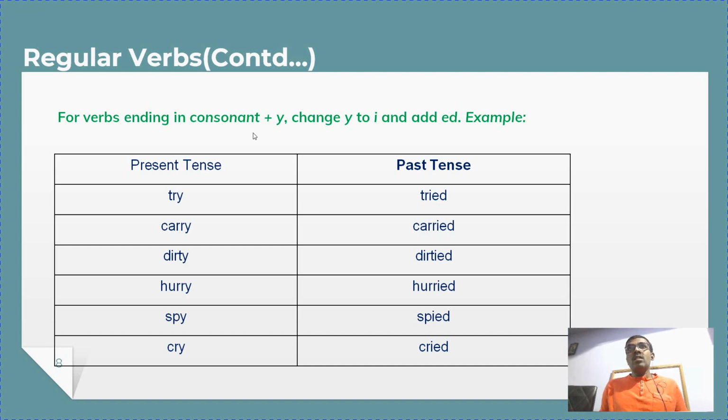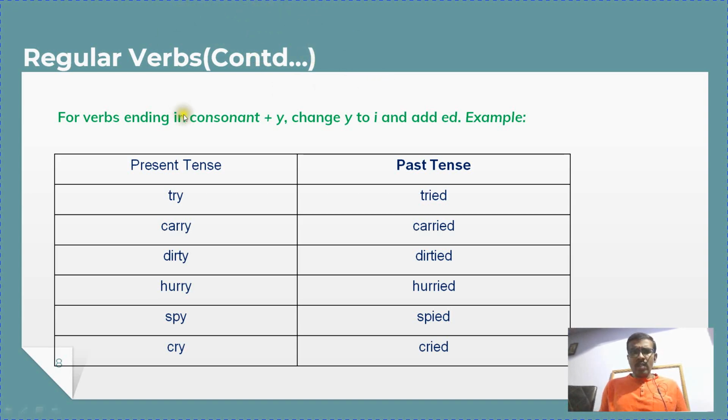As you know, the vowels are A, E, I, O, U. Other than A, E, I, O, U, the letters are consonants.